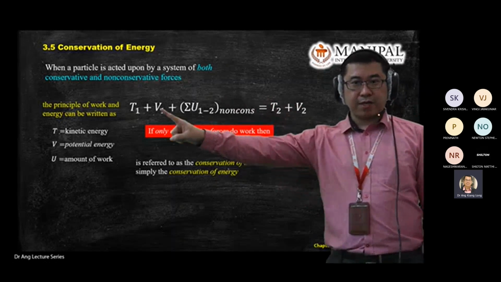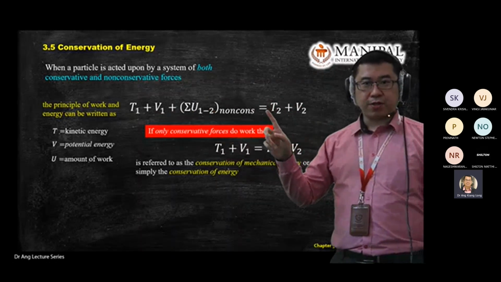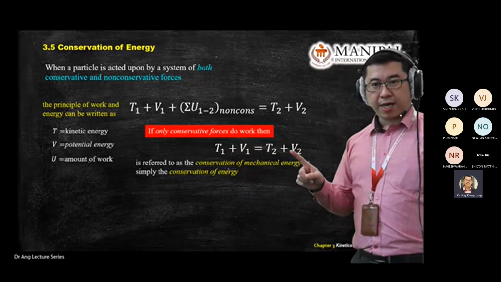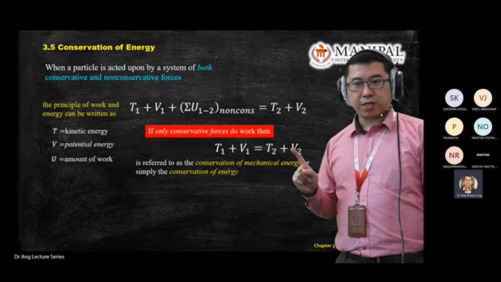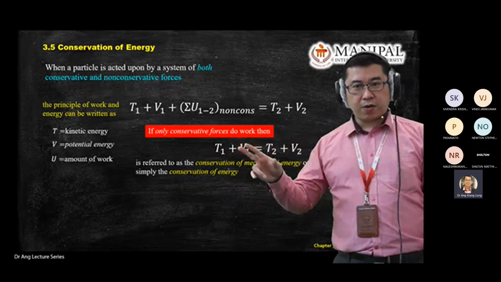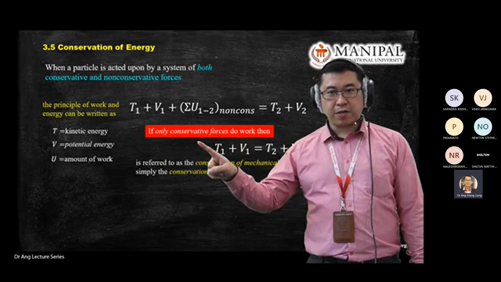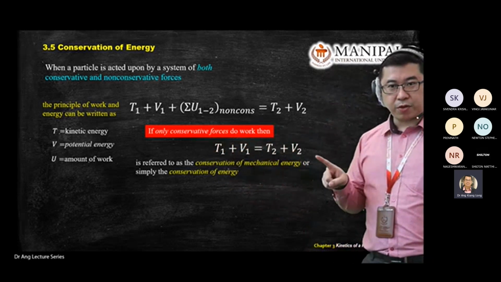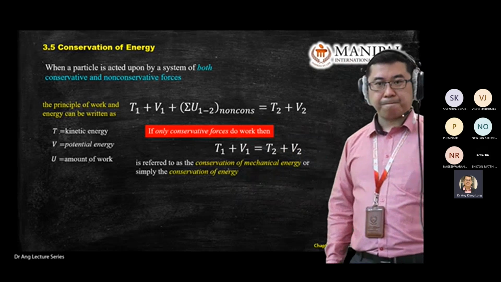This one is for the whole system, considering non-conservative work done in the system. However, this equation only works when you consider mechanical energy, or you only consider conservative forces doing the work. Then you use this equation. Okay.